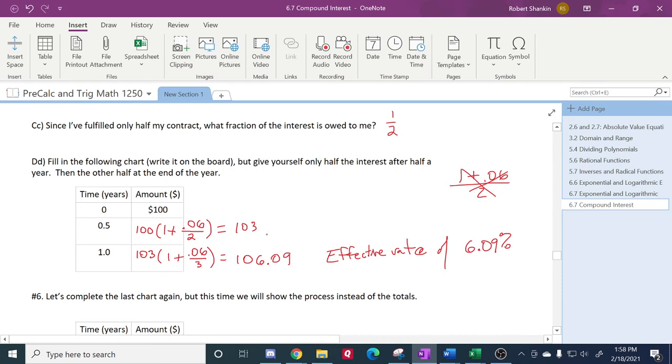Now, the question that would smack me in the face would be, where'd that extra 9 cents come from? And I'm going to throw that up to anybody. Can anybody tell me where this extra 9 cents came from? Turn on your mic if you think you got any idea about that.